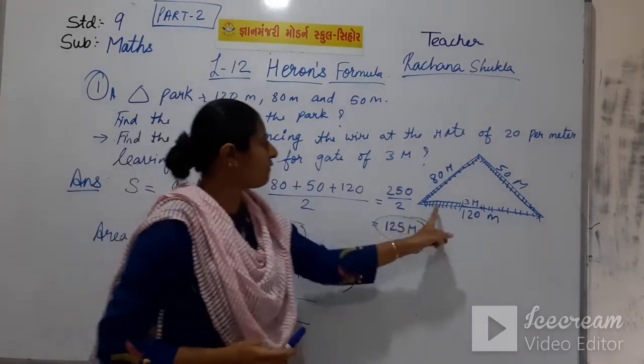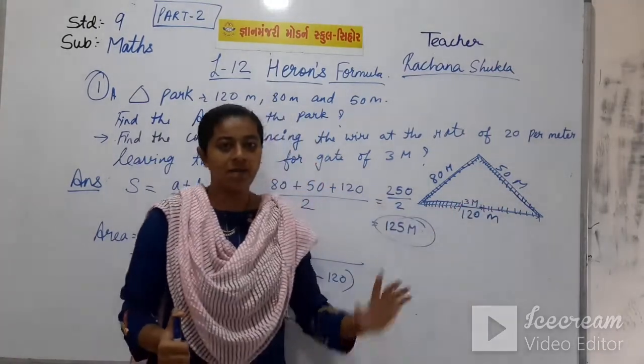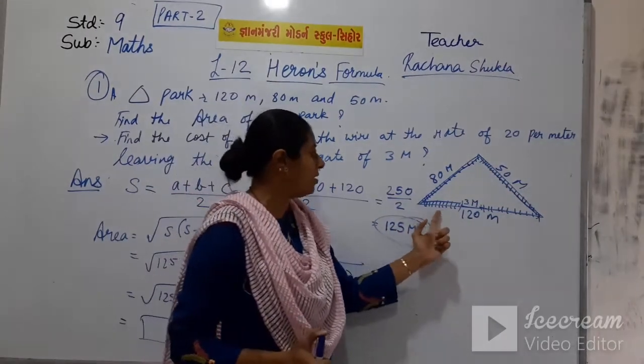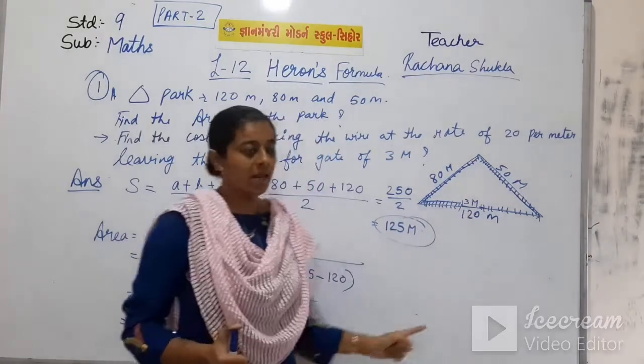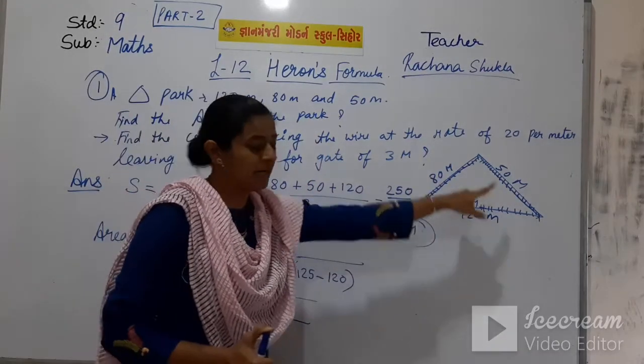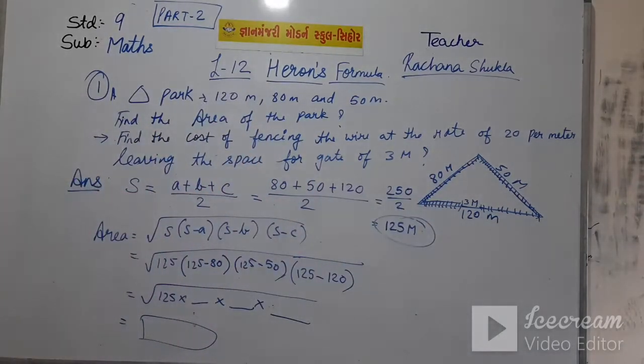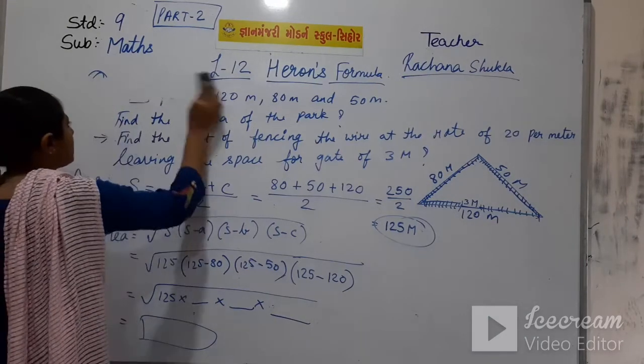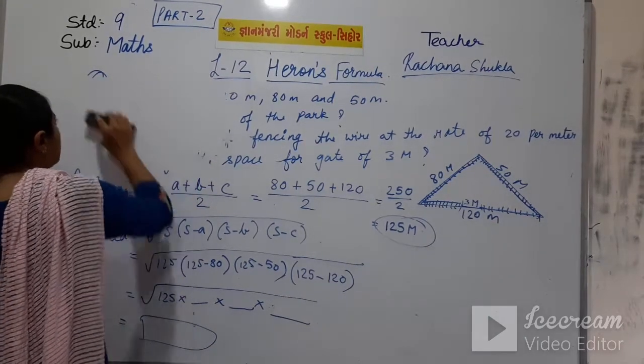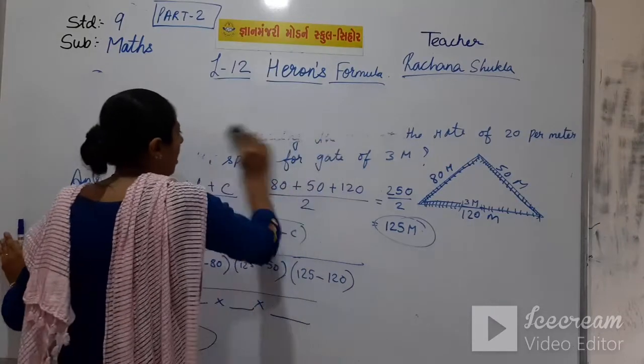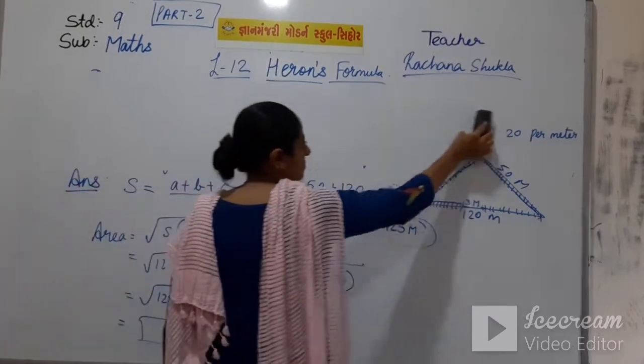So for finding out the fence of the wire, that means you have to find out the perimeter of the triangle. What you have to find? Perimeter of triangle.